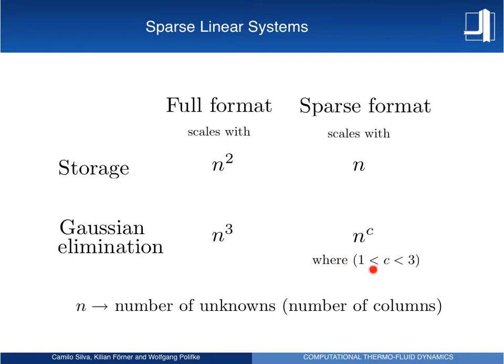Well, this depends actually on the sort of system. If the system presents a very low density, we can have n to the power of 1, so it almost scales linearly. However, if the matrix is super dense, so that there are very few zero elements, then the number of operations required will be almost close to this one, so there wouldn't be much gain.